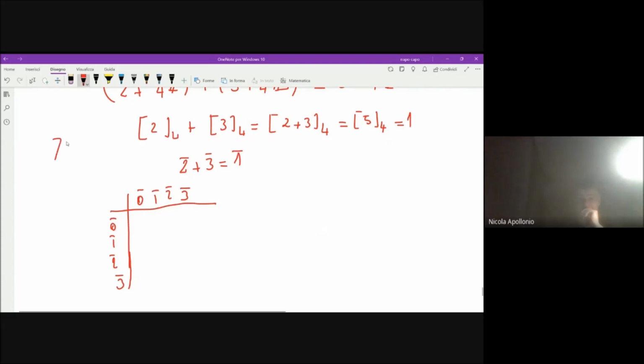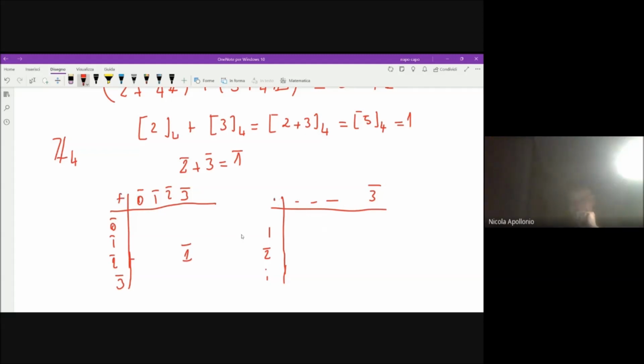So we are in Z4. We are working modulo 4. The possible remainders are 0, 1, 2, 3. 4 is 0. And so we know that this is 1, and that this is the multiplication. This is the sum.